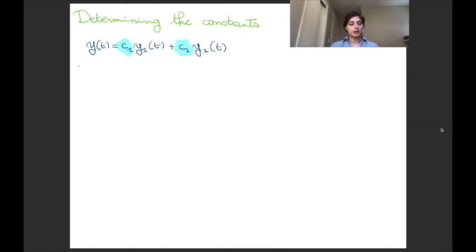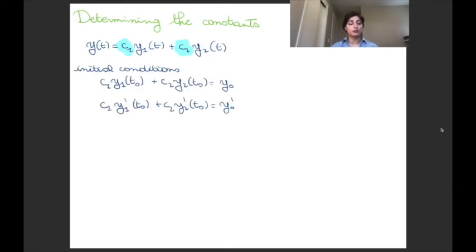So now that we have the fact that given two solutions, we have infinitely many solutions, we'd like to determine the constants in front, so the C1 and C2. And we do that by using the initial conditions. So we need that at t0, C1 y1 plus C2 y2 is equal to y0.